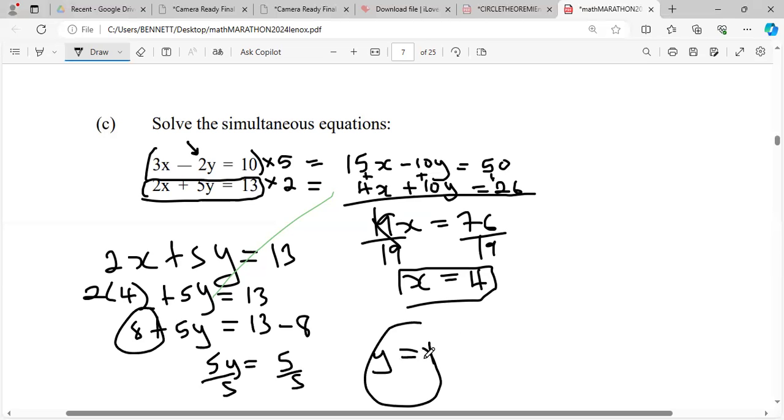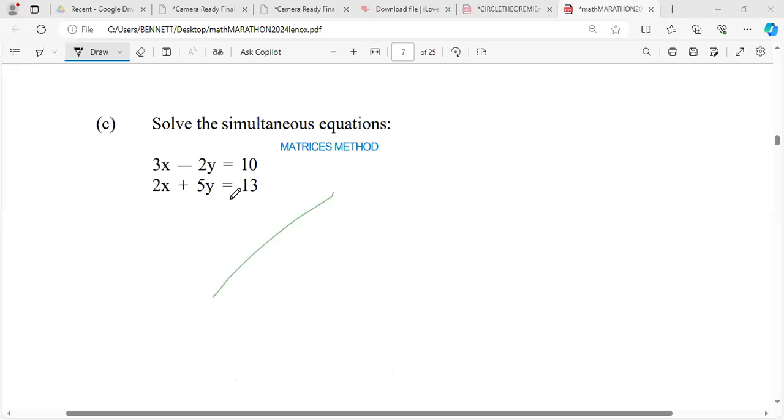I'm going to look at the matrices method. Same question, but with the matrices method. Alright, so using the matrices method, first thing we have to do, we write it in matrix form.